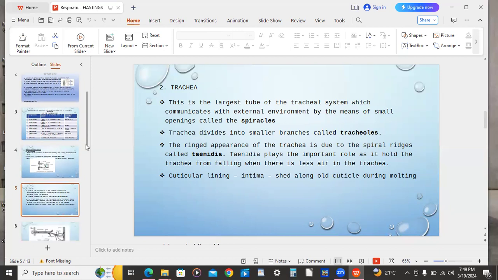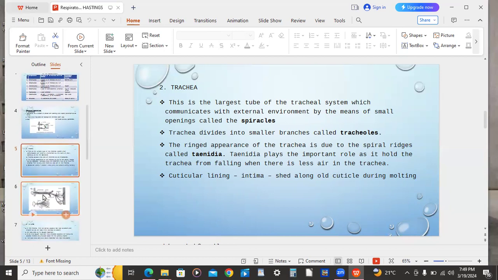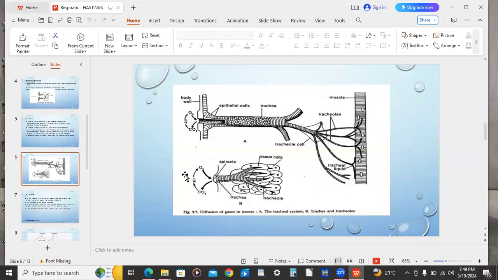Let me now show you the structure of the trachea. This is the taenidia that I was talking about, which is ring-shaped. And this whole thing is called the tracheal system, because all the parts are here. We have the spiracles, we have the trachea itself, we have the tracheoles.